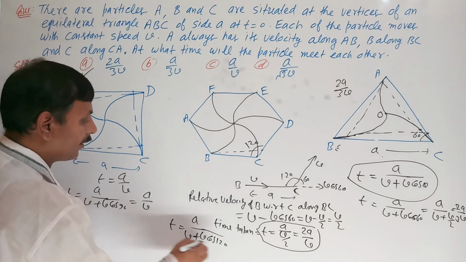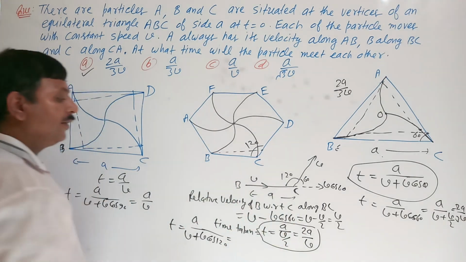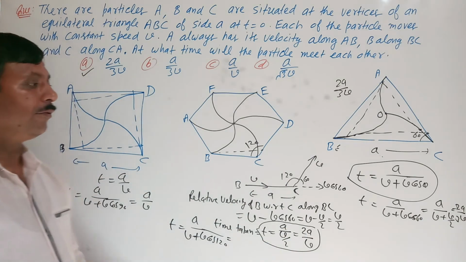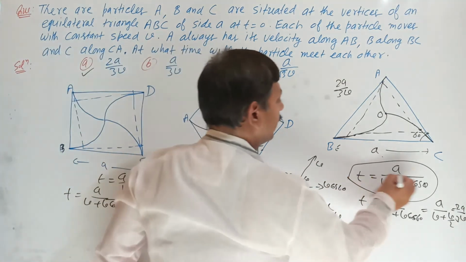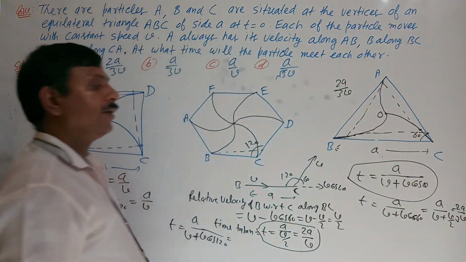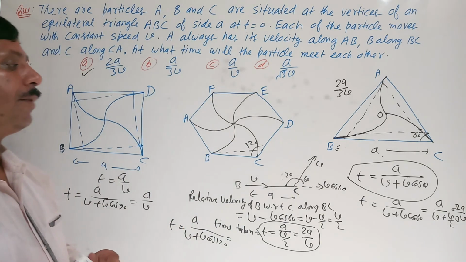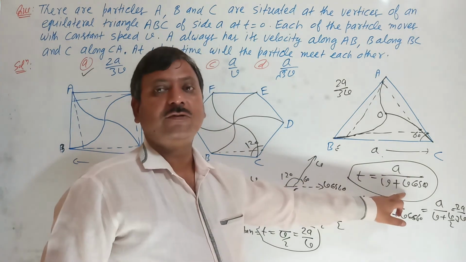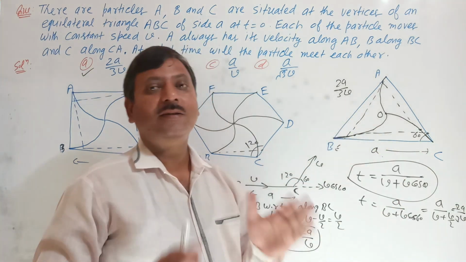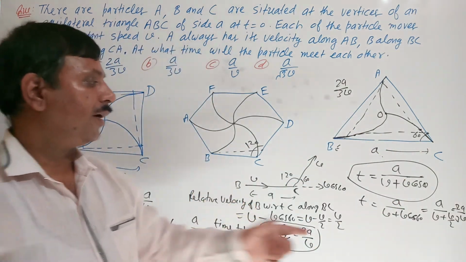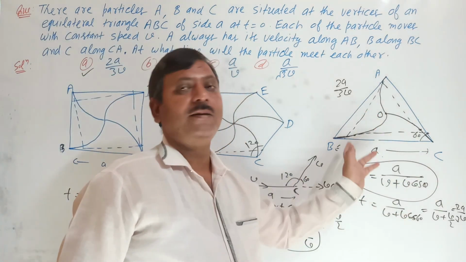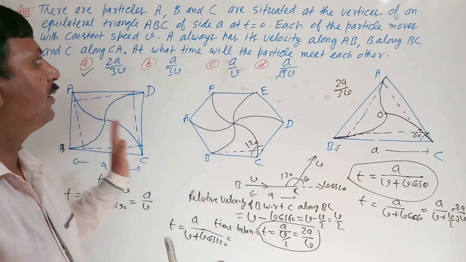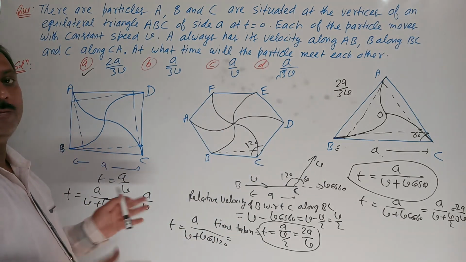So if you put here, you can get the same answer, V minus V upon 2, that is 2A upon V. So we can formulate it. This type of problem, time taken is equal to A upon V plus V cos theta. V is constant speed, A is the length of side, and theta is the angle between two sides. Okay. Like this we can solve relative velocity problems.